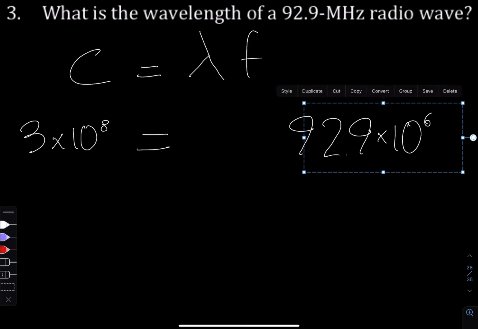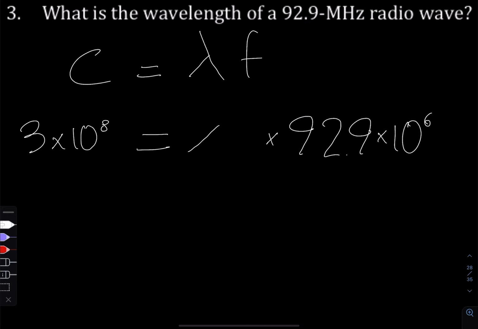So when we solve for wavelength, we will get 3.229 meters, which is a very long wavelength. So the frequency is relatively low, though.